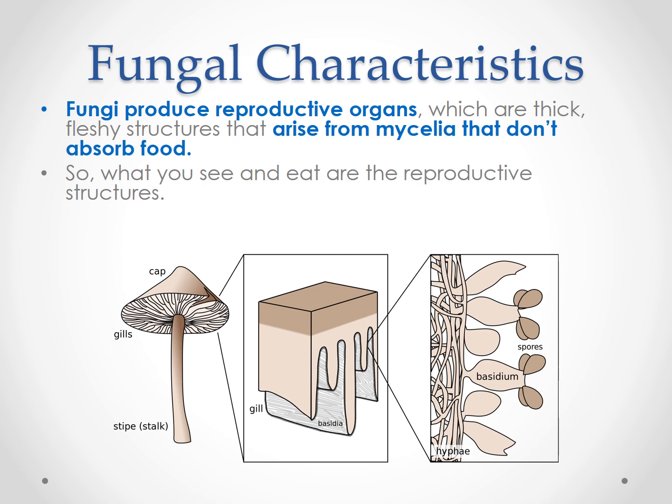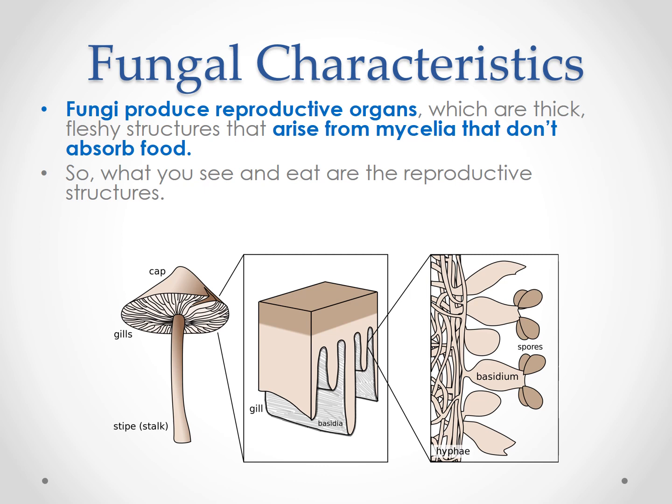Embedded in those gills are little areas where they have spores, and these spores are going to be able to be distributed, fall on land, and produce other fungi. And so what you actually eat on a mushroom, if you eat the mushroom caps, those are actually the reproductive structures of the mushroom.